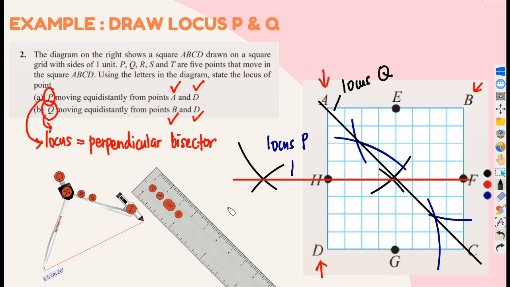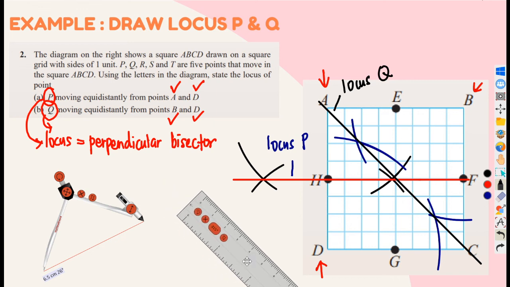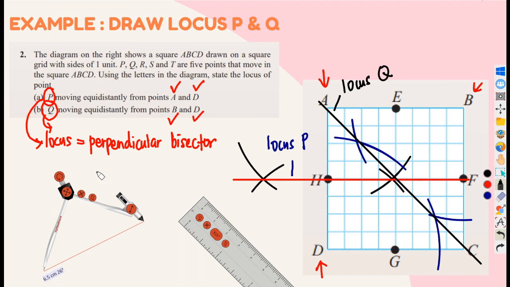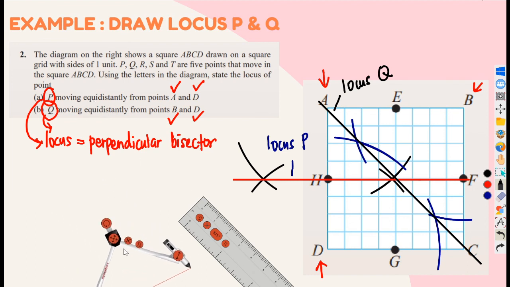Based on the question here, state the locus of point P moving equidistantly from point A and D. So the first one, question A, is the locus P. The locus here is actually a straight line, which is HF.